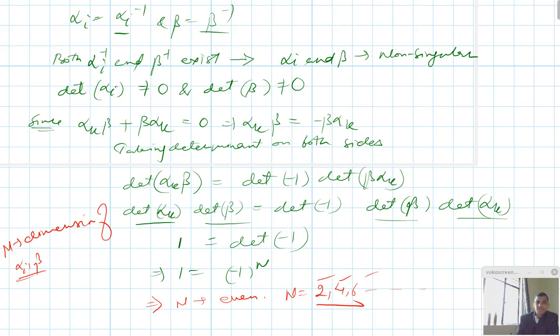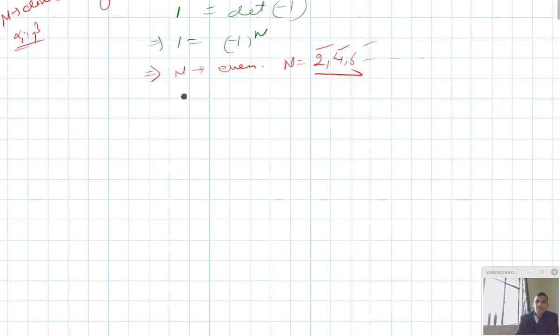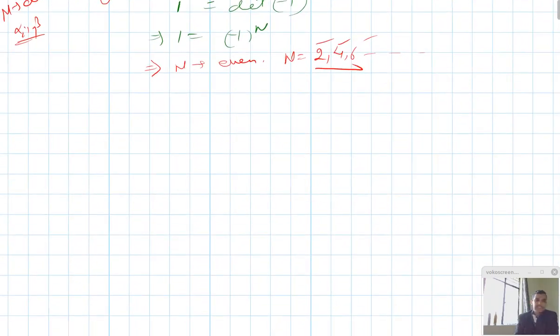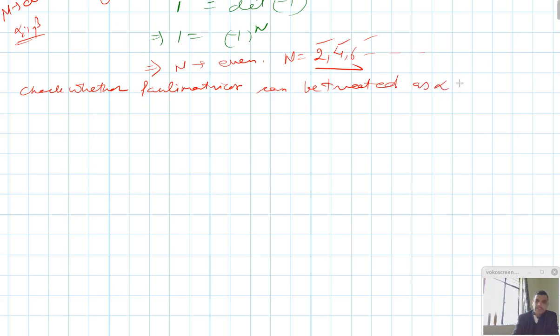So first of all I will check whether Pauli matrices, because all of us are familiar with the Pauli matrices, can be treated as alpha and beta or not. I want to check it out.